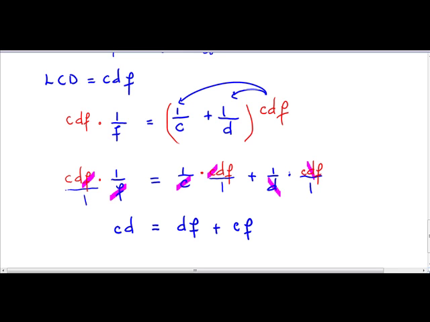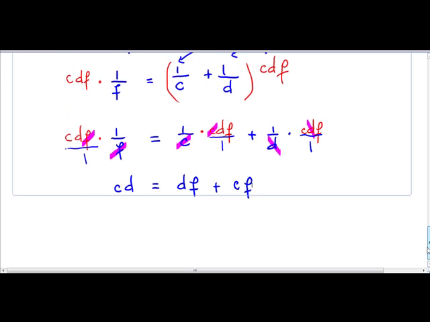Now to solve for d, we must get both terms that contain d on the same side of the equal sign. So what I'm going to do is move this term here to the other side by minus df.